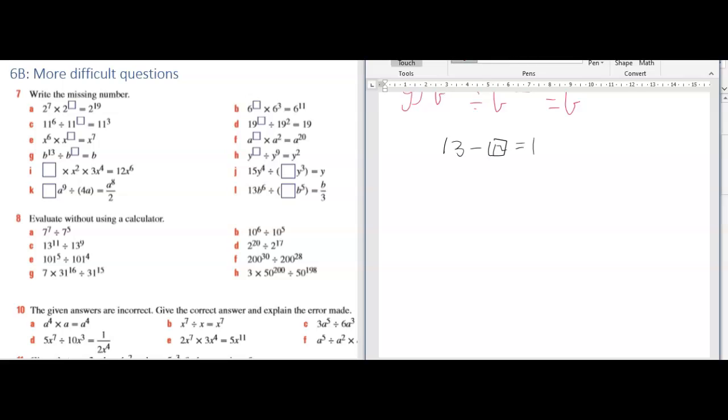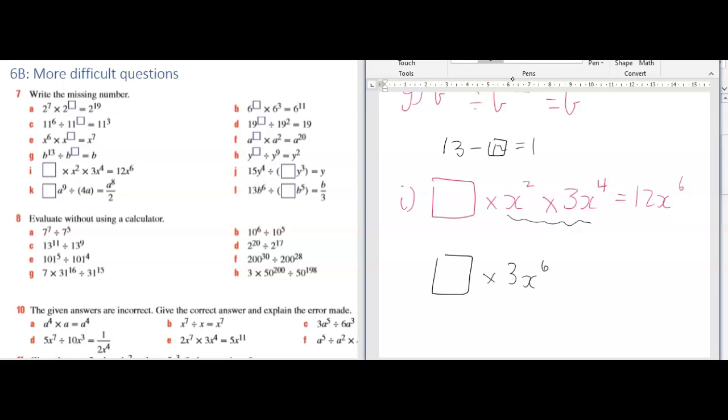So I might do I. So we've got something times x squared times 3x to the power of 4 equals 12x to the power of 6. Okay, so what you can do is you can actually multiply these together. Might be easier. So we've got x squared times 3x to the power of 4. So we've got the 3 and the x to the power of 2, and then we've got the 4, so we're going to add them together.